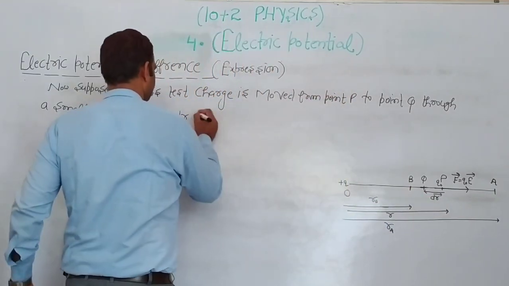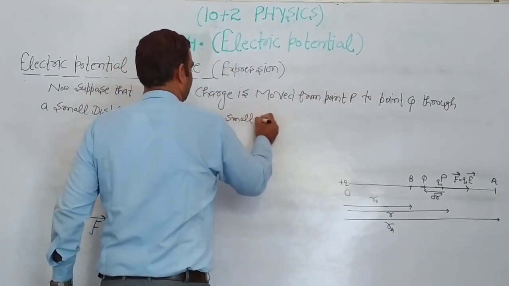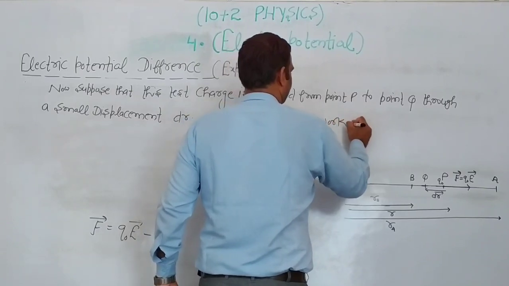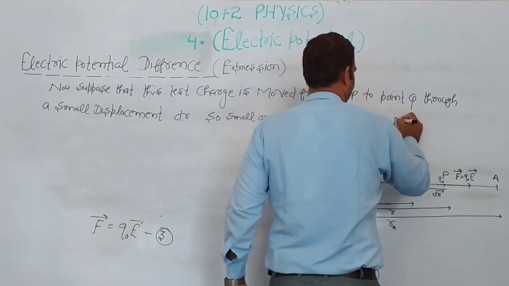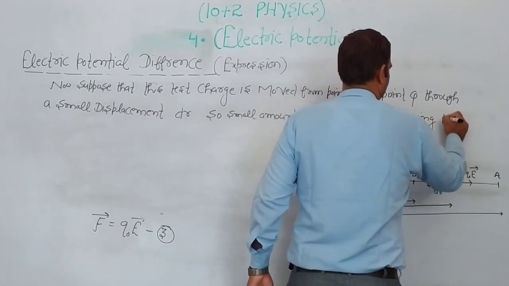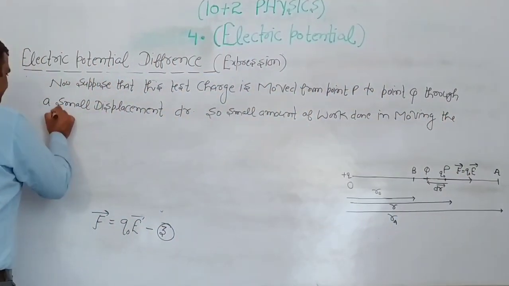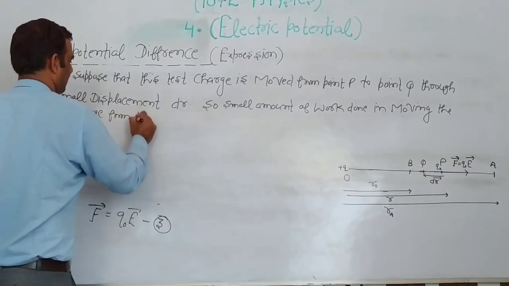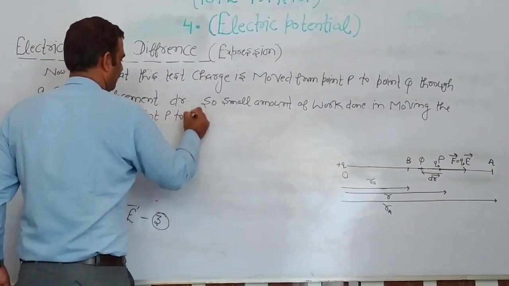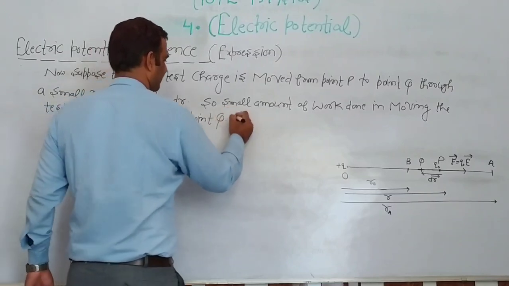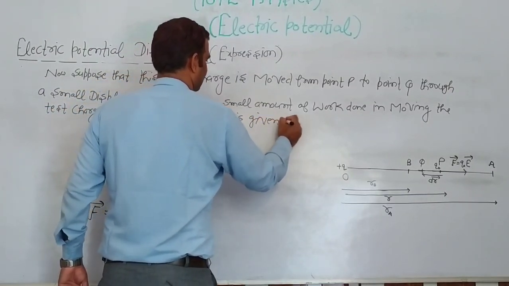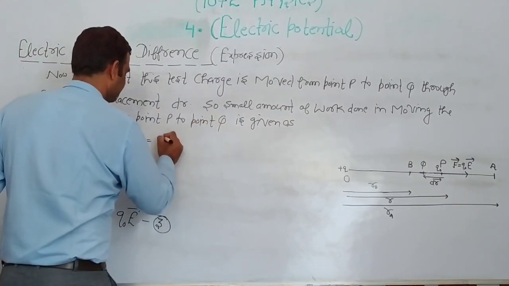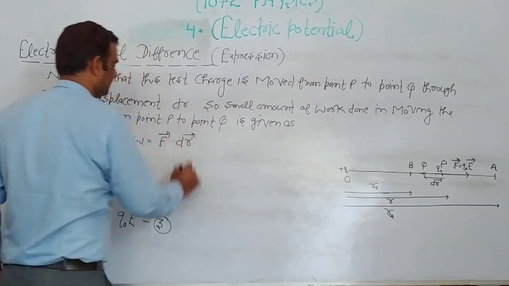So the small amount of work done in moving the test charge from point P to point Q is given as: small amount of work done is force into displacement.